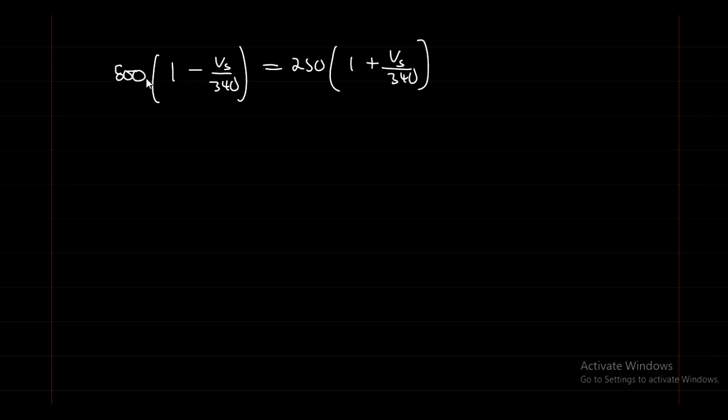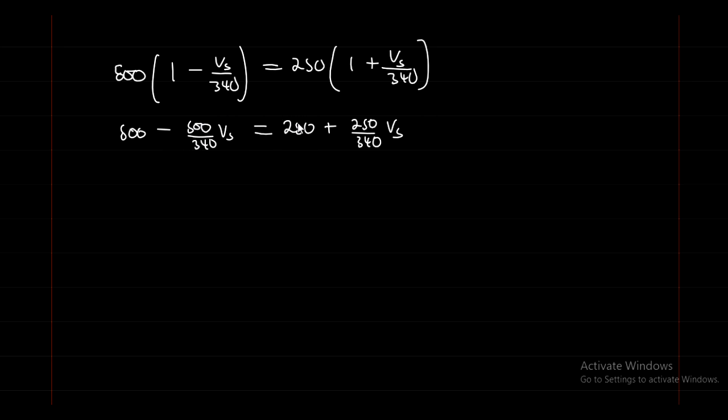Brackets off, so we can multiply out the bracket. You will have 500 minus 500 divided by 340 Vs equals 250 plus 250 divided by 340 Vs. So now variables one side, numbers one side.